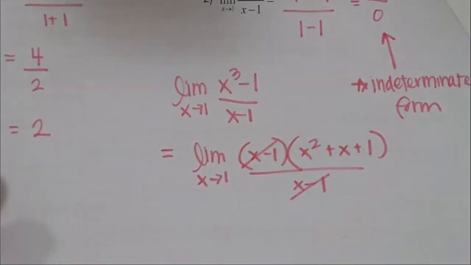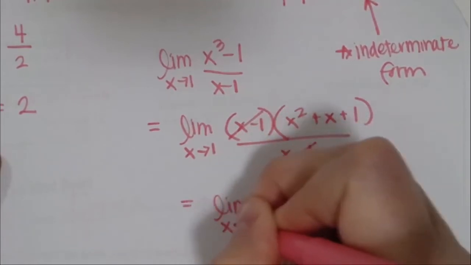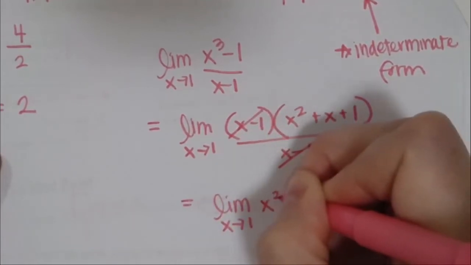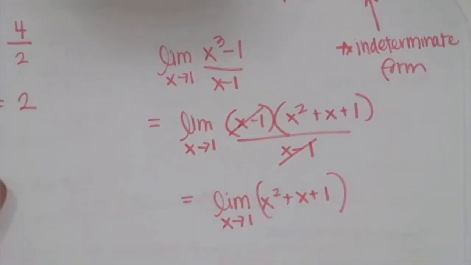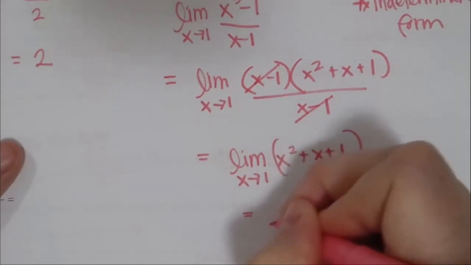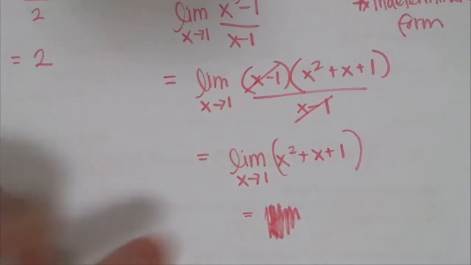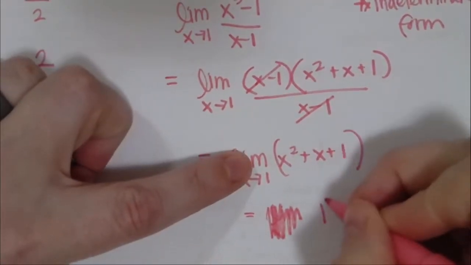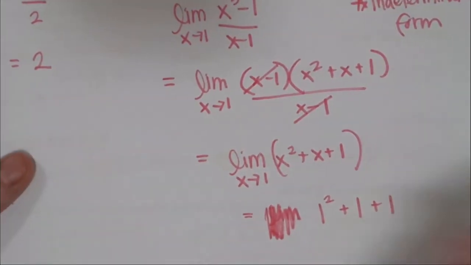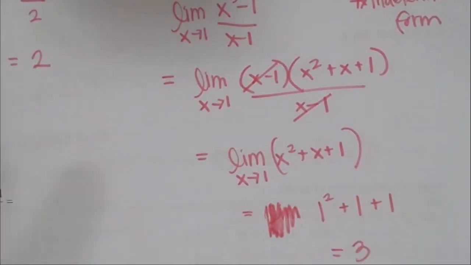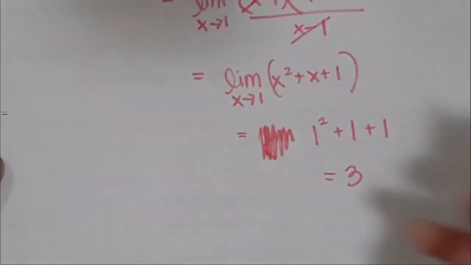Well, that works out really nicely for us in the simplifying, because now all I have to take the limit of is x squared plus x plus 1. And direct substitution is going to work beautifully in that. We're going to do direct substitution. So 1 squared plus 1 plus 1. 1 squared is 1. 1 plus 1 is 3. So the limit of this function as x approaches 1 is actually 3.